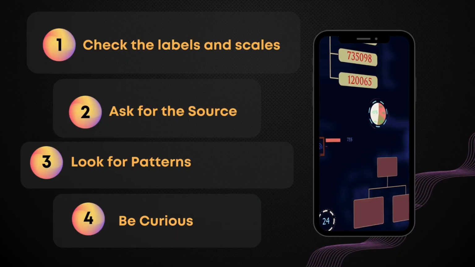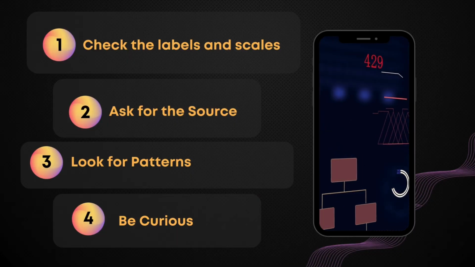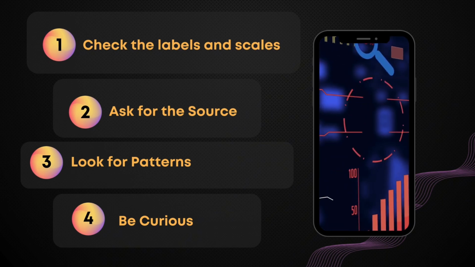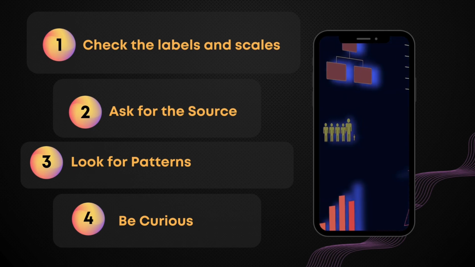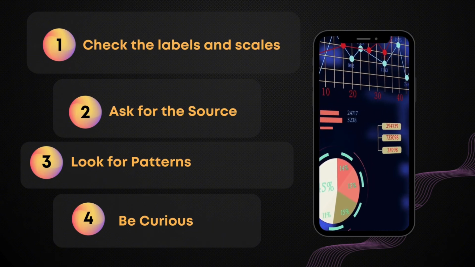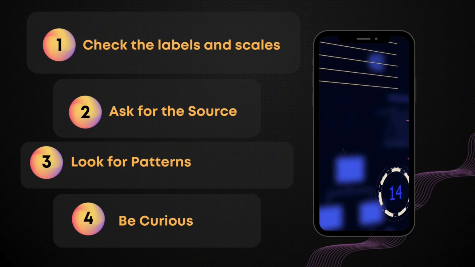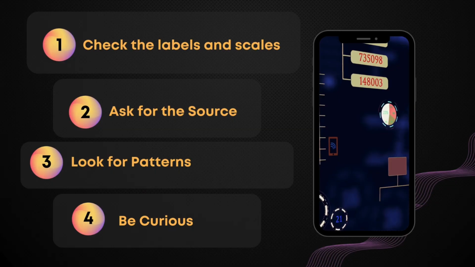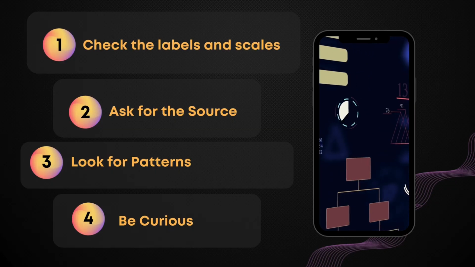How can you protect yourself from misleading graphs? Number 1. Check the labels and scales. Are they clear and consistent? Then ask for the source. If the source is not credible or transparent, then you need to question the insight. Look for patterns. Compare similar graphs to see if the story holds up.